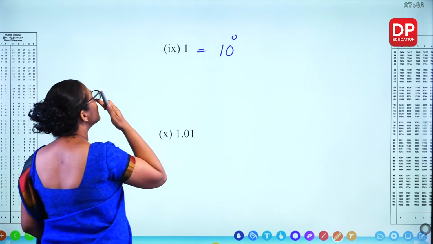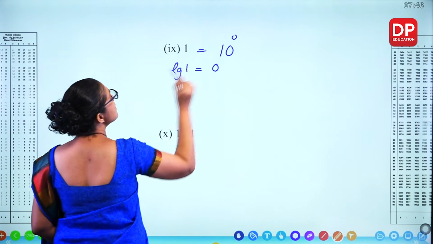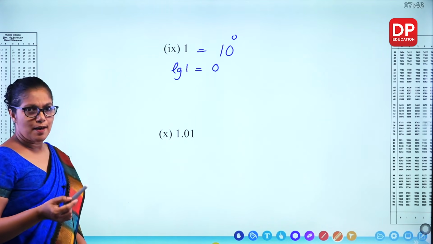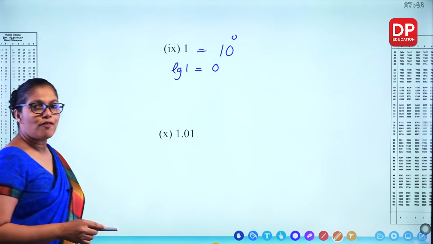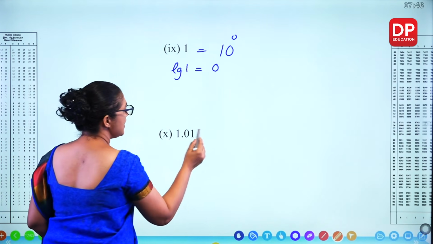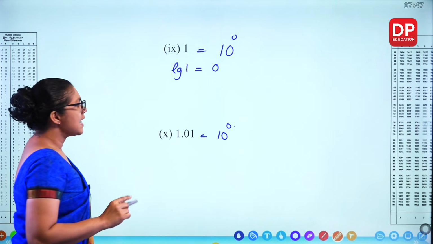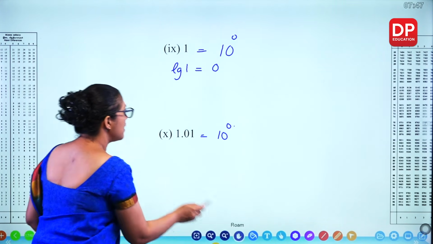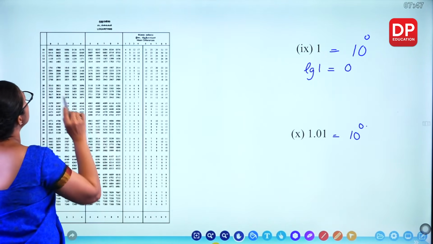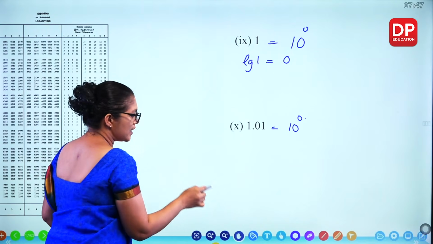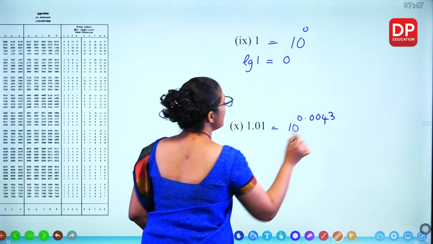So what's the log value? LG of 1 is 0. You don't need a table for that. This one, 1.01. So less than 10. So you are getting 10 to the power 0 point something. 101 from the first table is 0043.